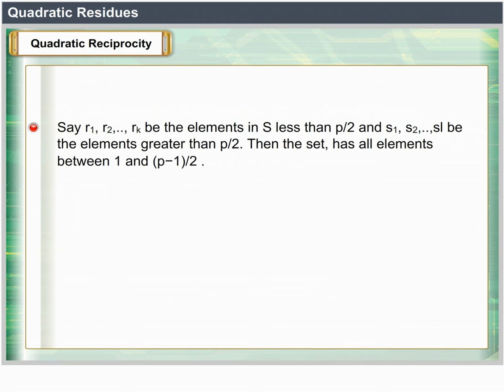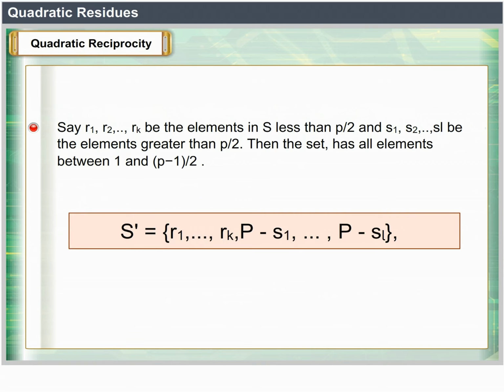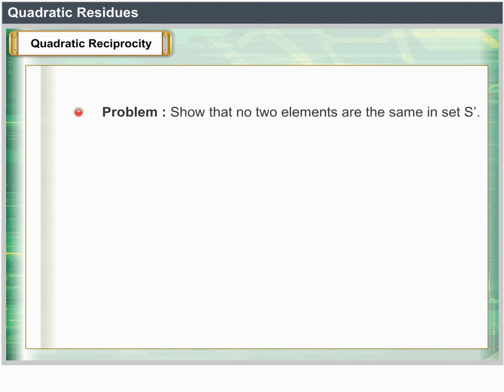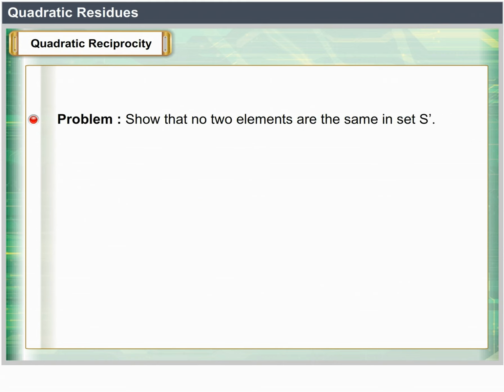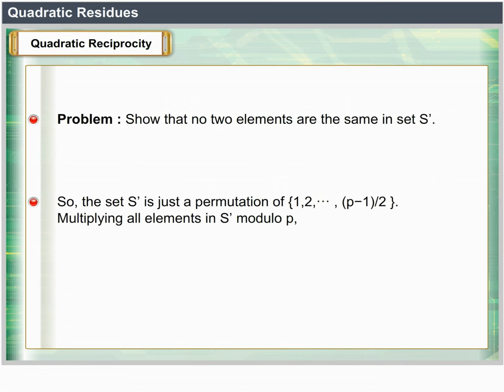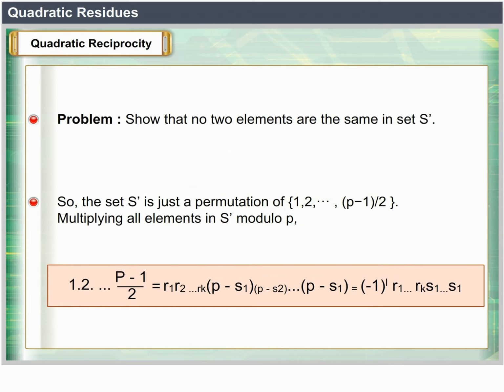Then the set has all elements between 1 and (p minus 1)/2: S dash equals R1 up to Rk, p minus S1 up to p minus Sl. Problem. Show that no two elements are the same in the set S dash. So, the set S dash is just a permutation of the elements 1 up to (p minus 1)/2.